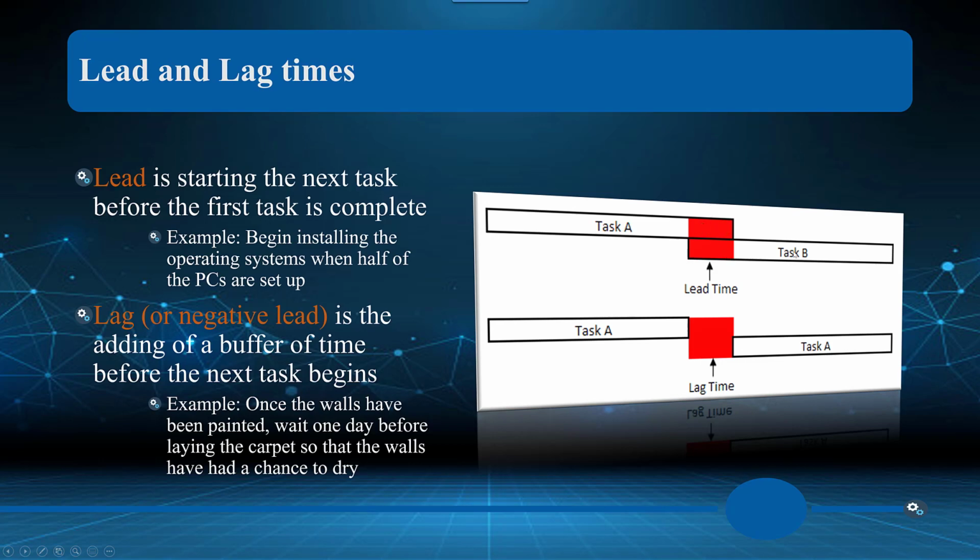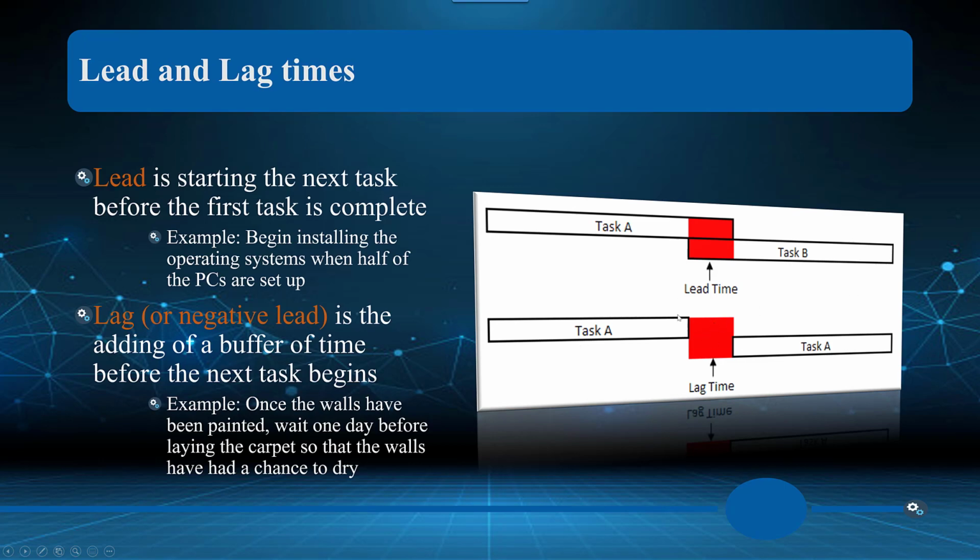What we're saying is that we can start B before task A is complete, even if it's a preceding task, or B is reliant on the completion of A. There's still the fact that we can start B before A is truly finished, okay? So we can create some lead time here. That's going to allow us to reduce the time of the project, if you will.